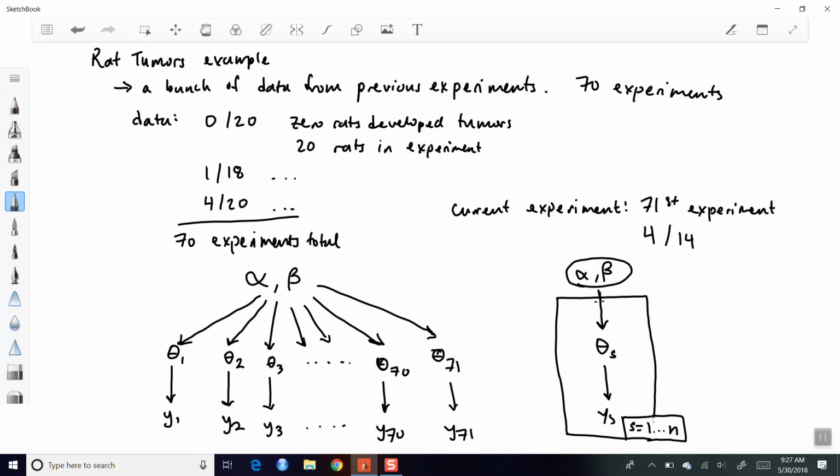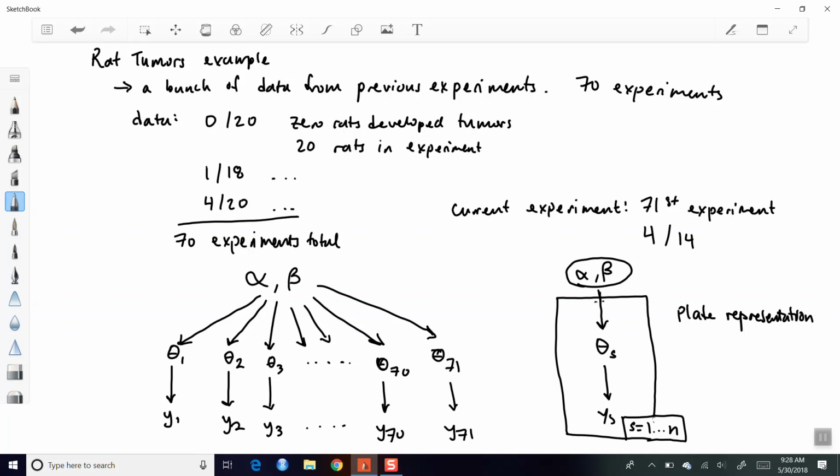Okay, so this plate representation is the same thing. The idea here is we have some alpha and beta up at the top, and from each alpha we are drawing a different theta value, and from that theta value we generate whether the rat developed tumors or not.